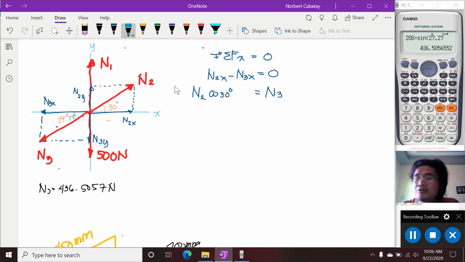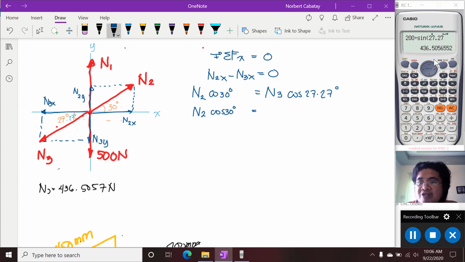So, that is cosine of 27.27 degrees. Kaso si N3, alam ko na. Ang value ng N3, sige dito na lang. So, N2 cosine 30 degrees is equal to N3, itong sagot natin na ito, diba?